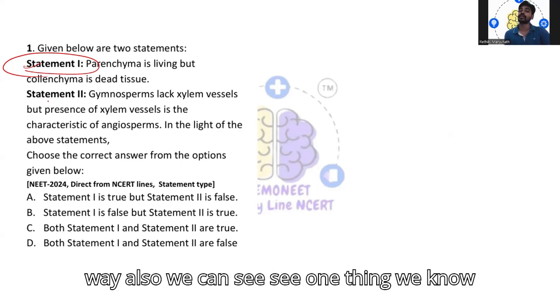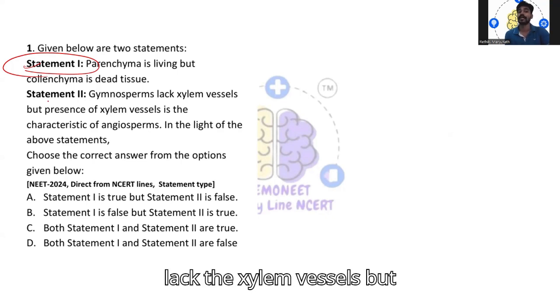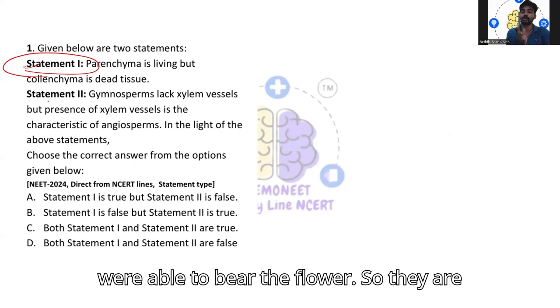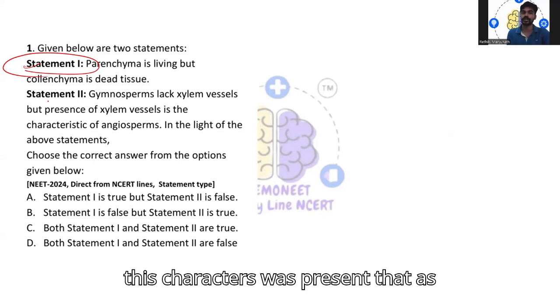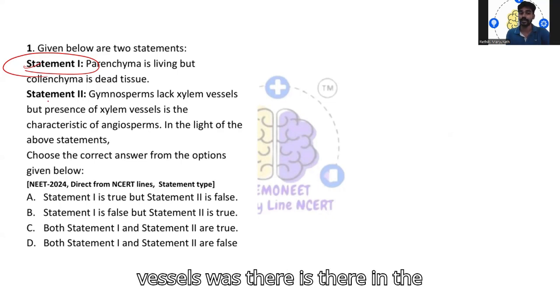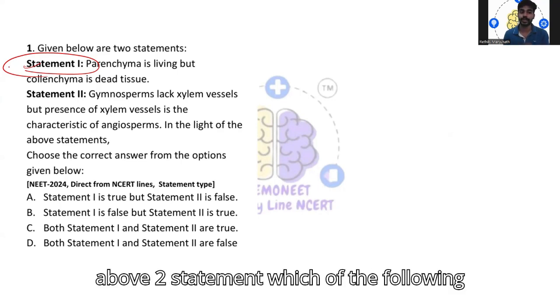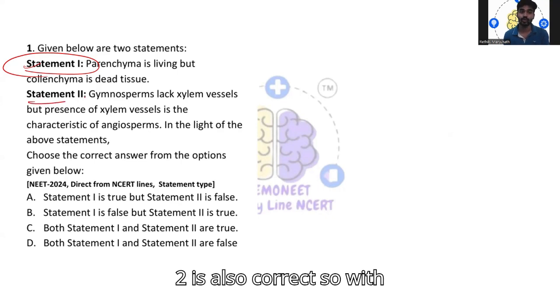One thing we know, the gymnosperms, of course, lack the xylem vessels, but angiosperms are the ones which bear flowers. So they are flowering plants, and the presence of xylem vessels is there in the angiosperms. So statement 2 is correct.